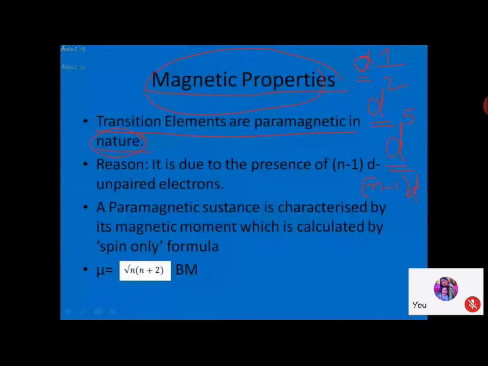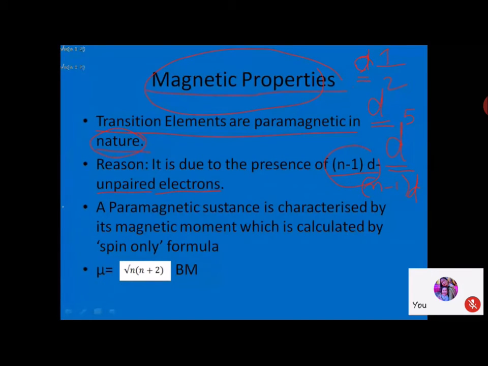Because of the presence of unpaired electrons in transition elements, they are paramagnetic in nature. Where are the unpaired electrons? That again you need to mention: n minus 1 d unpaired electrons.